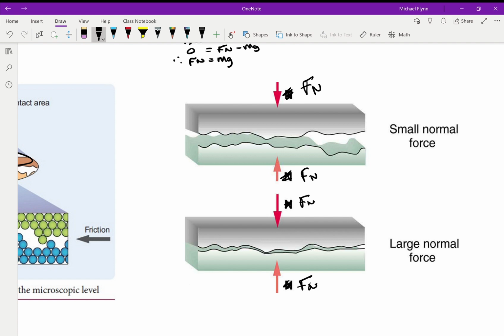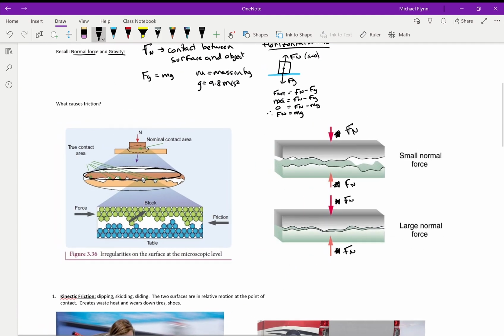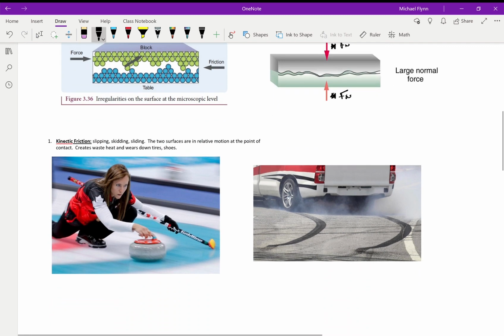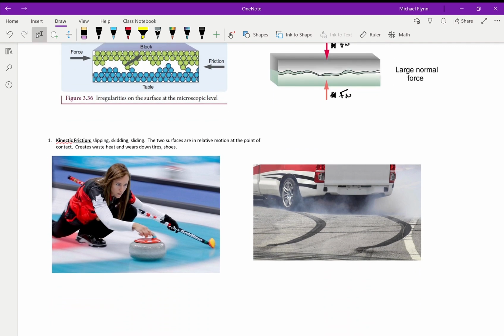The amount of friction you get depends on these two things: one, roughness, and two, the normal force. Those two things together are all we need to account for the amount of friction you get. All right, so let's talk about the two kinds of friction.